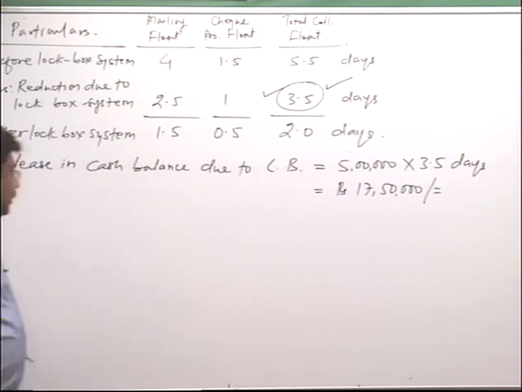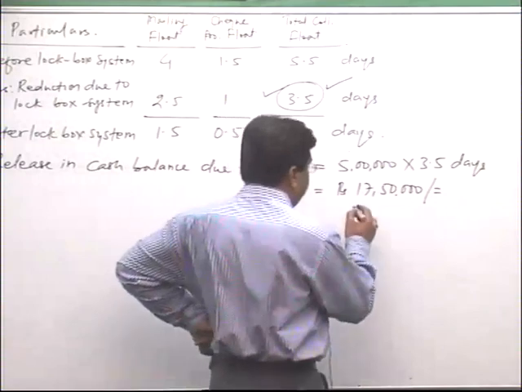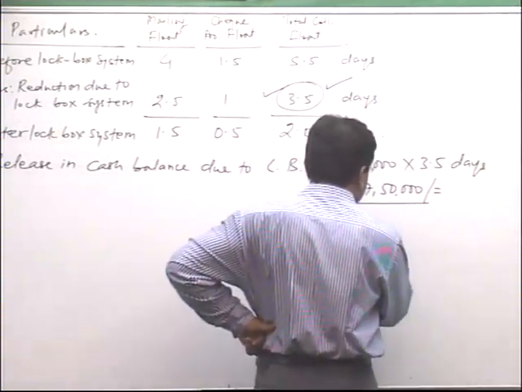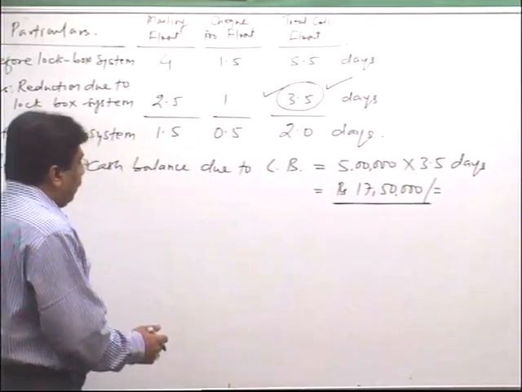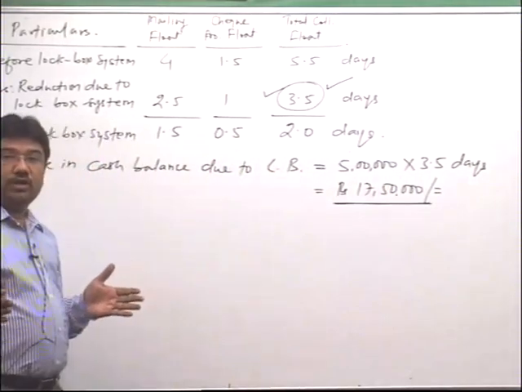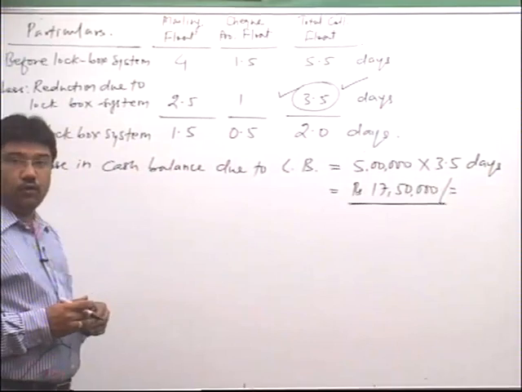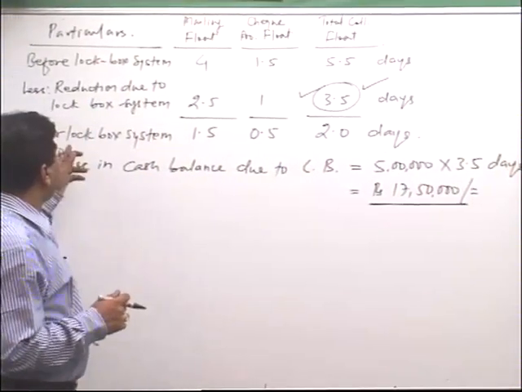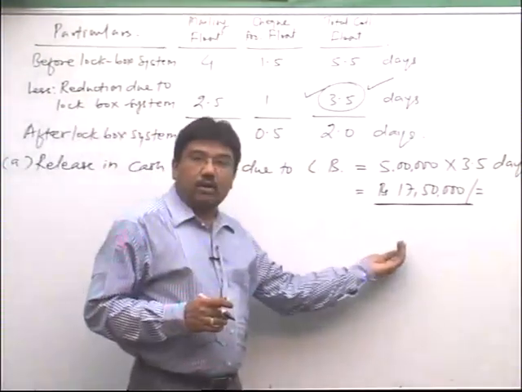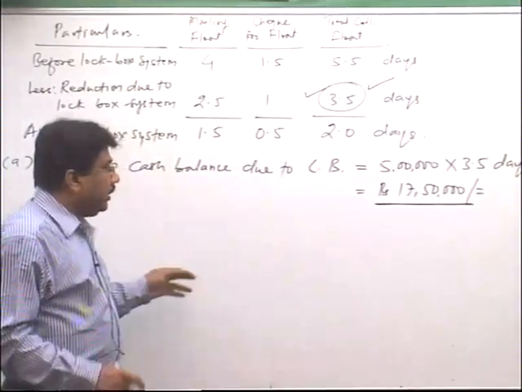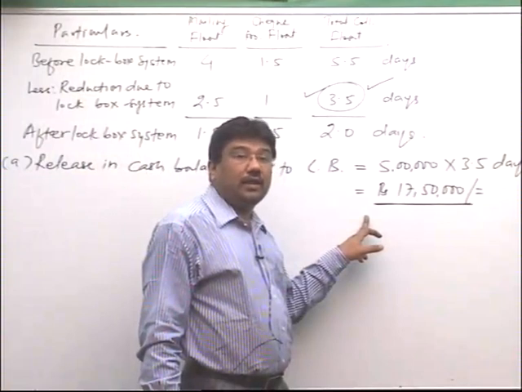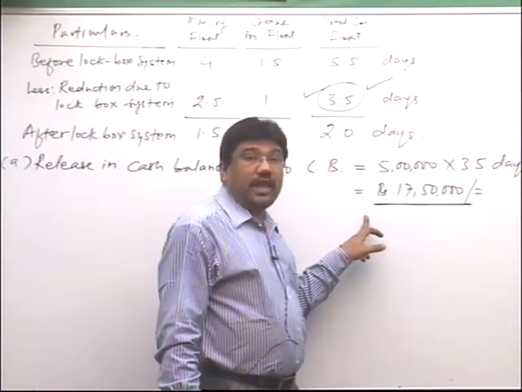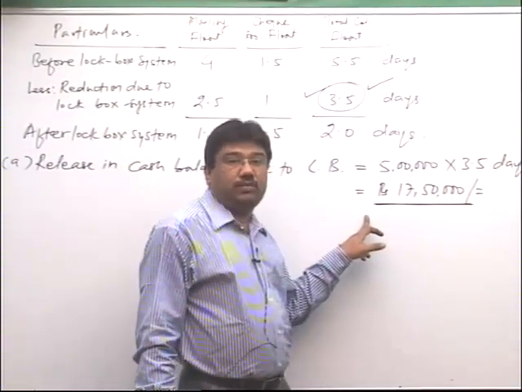Now, all the students, please interpret this 17 lakhs 50,000. This 17 lakhs 50,000 is that money which was locked up or tied up in the float, but due to adoption of lockbox system, this amount is received by you earlier. Mind well that due to lockbox system, we are not getting extra amount or excess amount of 17 lakhs 50,000.